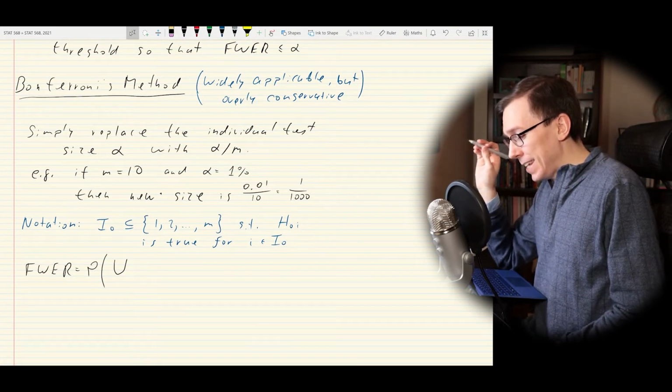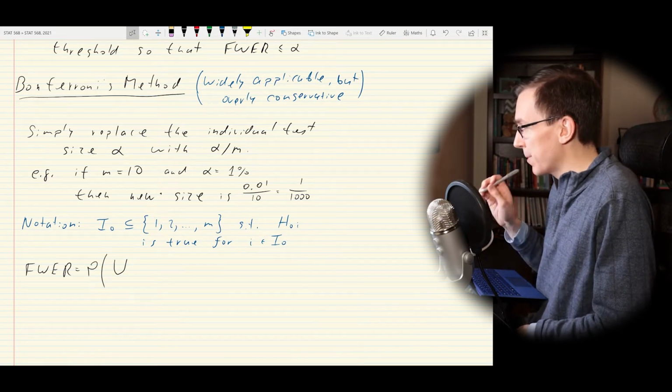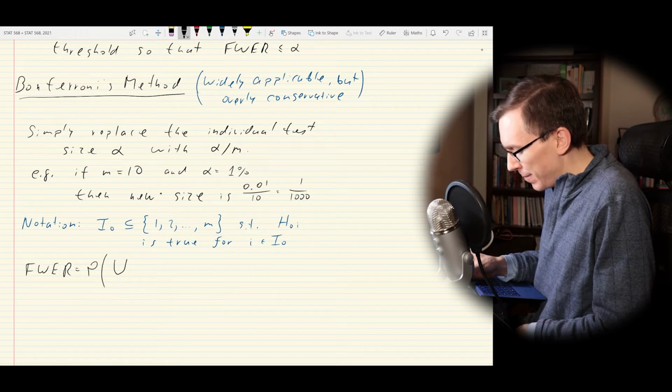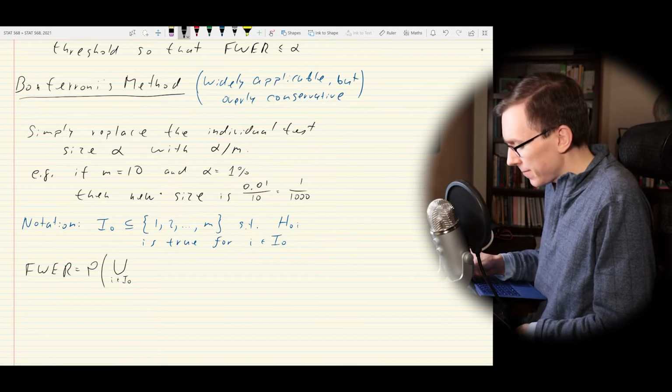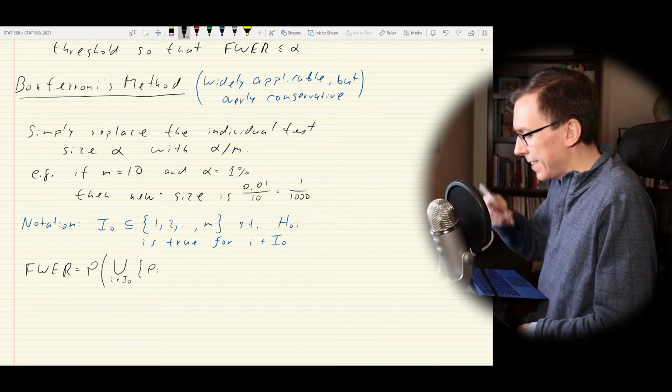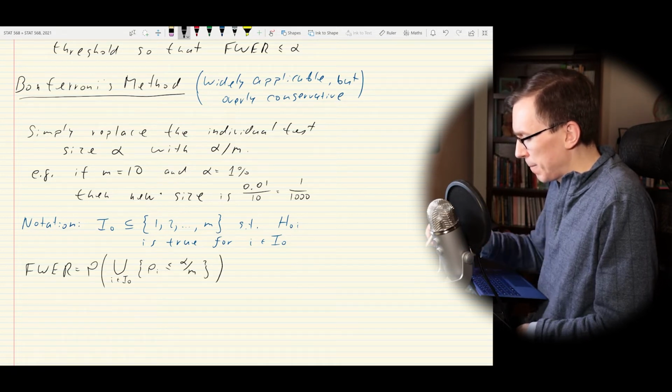Now, given that notation, we can then write the family-wise error rate as the probability over the union of i, little i in I naught, capital I naught. And we're taking the union of the event that p_i, the ith p-value, is less than or equal to alpha divided by m, which is going to be our new test size.